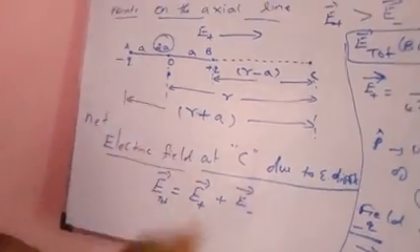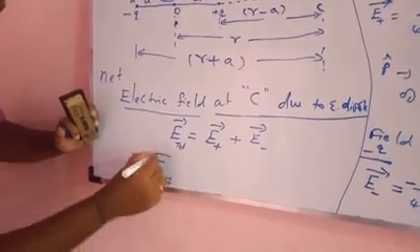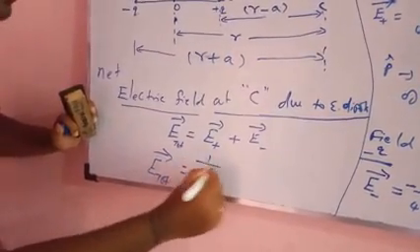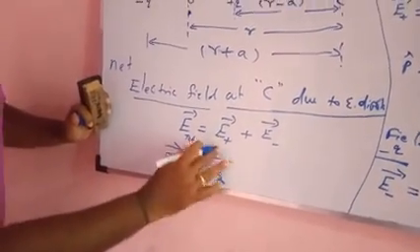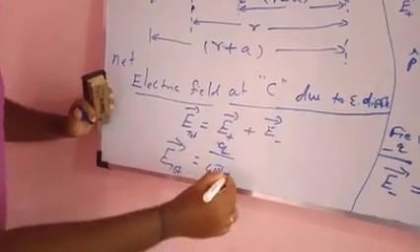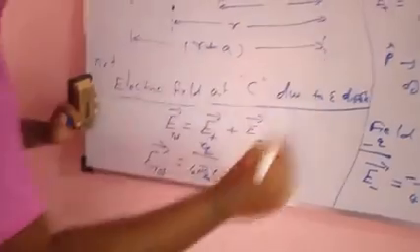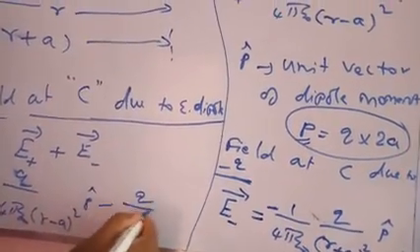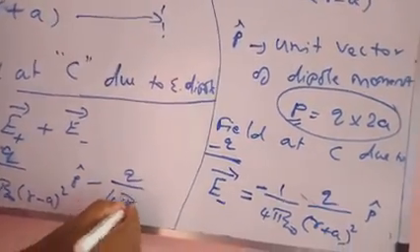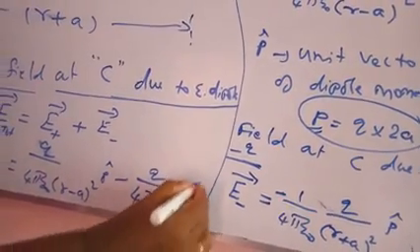Now we add these two: E total vector is equal to q by 4 pi epsilon 0 into R minus A the whole square, into P cap, minus, here it is minus, q by 4 pi epsilon 0 into R plus A the whole square, P cap.